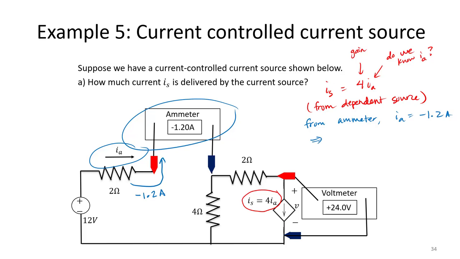So therefore, we can conclude by substituting, we determine that IS is just 4 times negative 1.2 amps. That gives us IS equal to negative 4.8 amperes. Not bad, right? Dependent sources really aren't that scary once you know how to deal with them.